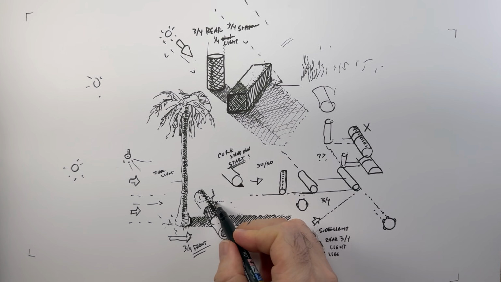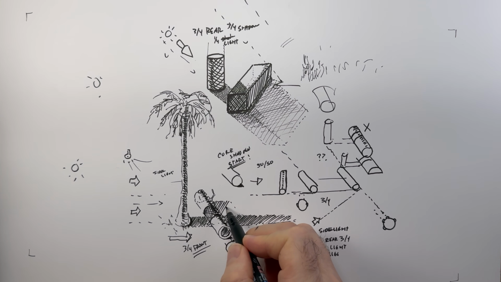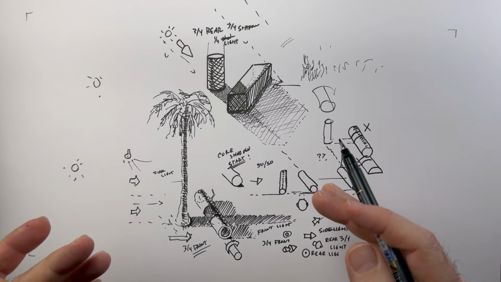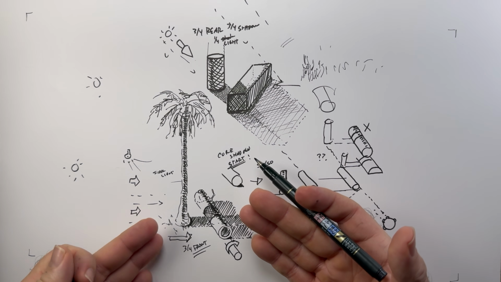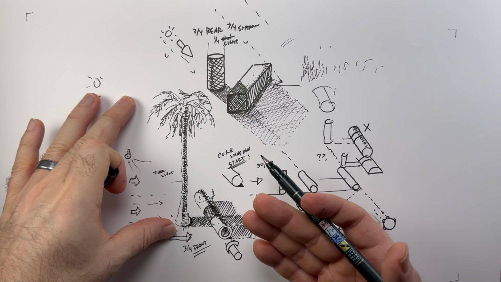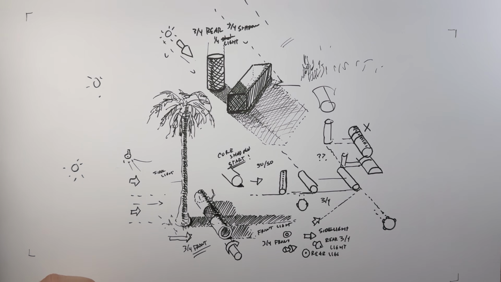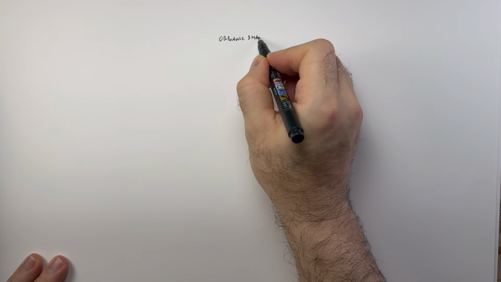And then guess what? You have your cast shadow, all right? And that's what it looks like when you have form next to another form and the light is casting a shadow, okay?